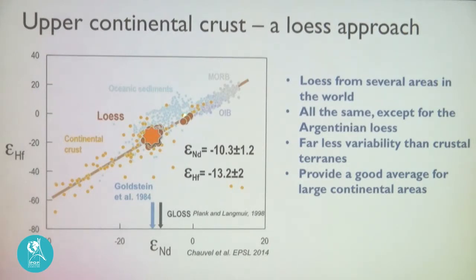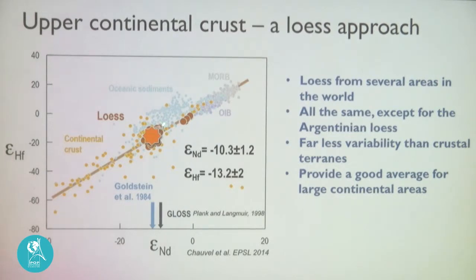The only exception are the Argentinian loess here because of the overwhelming quantity of recent volcanism in the crust that's been eroded. And so the important point here as well is to show that it's a good way to make an average because you can compare the data that are all stacked there with the range of individual crustal areas that define a very big range here in hafnium and in neodymium isotopes.